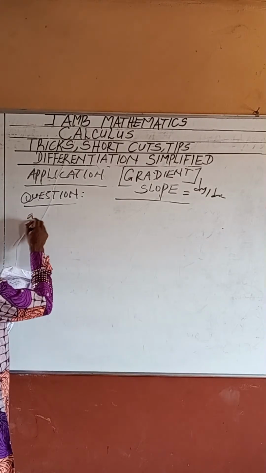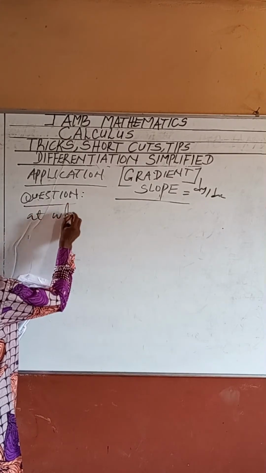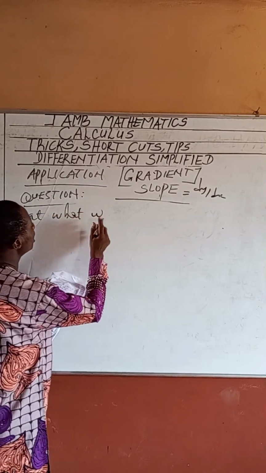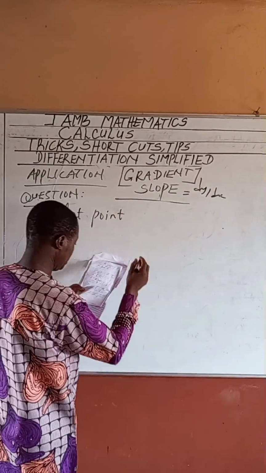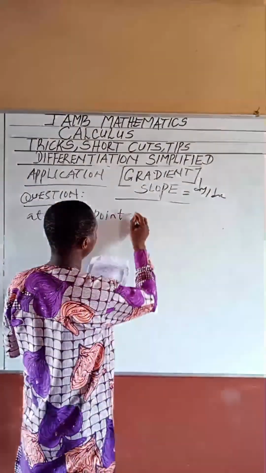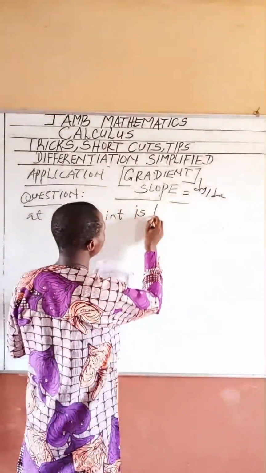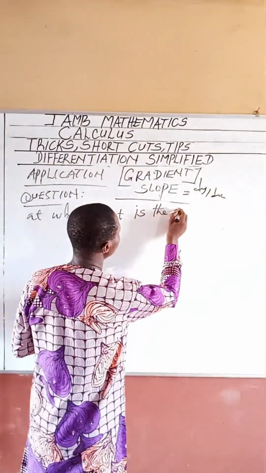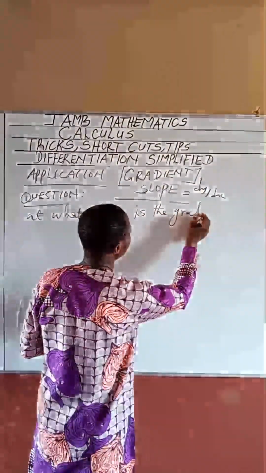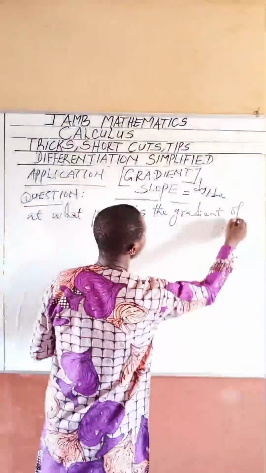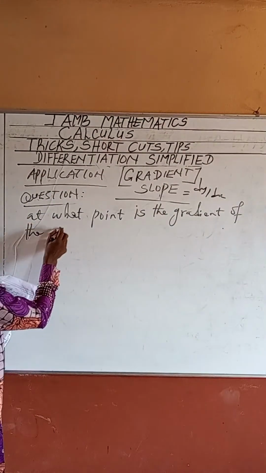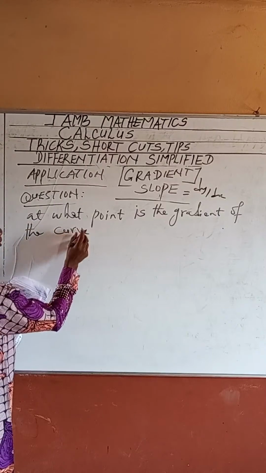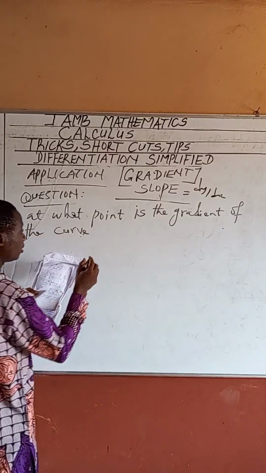At what point is the gradient of the curve? What is the curve?